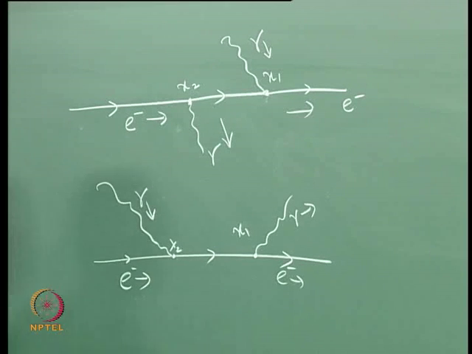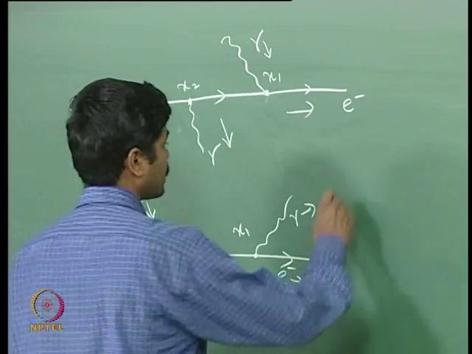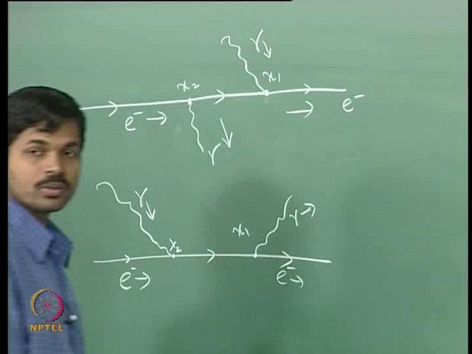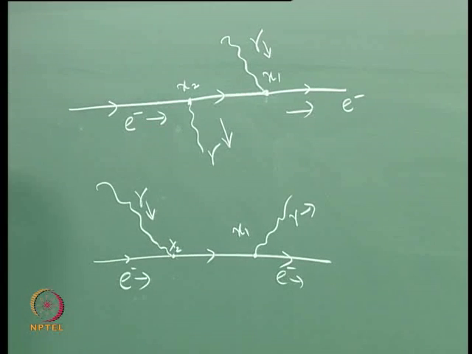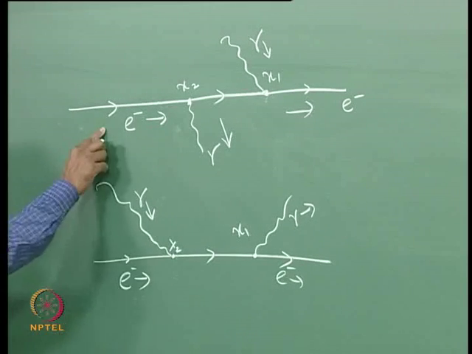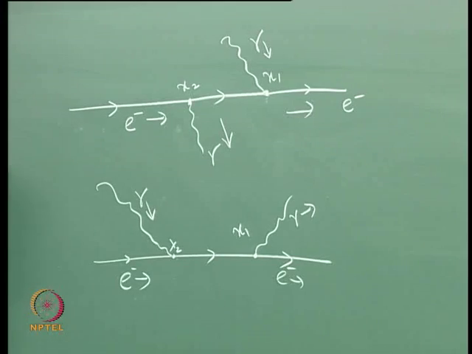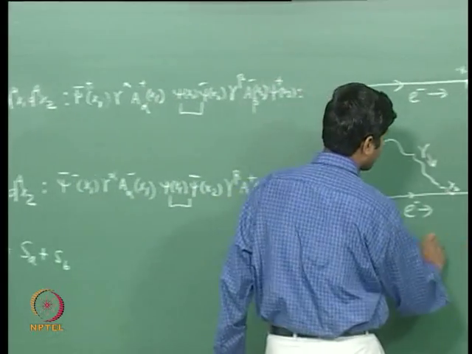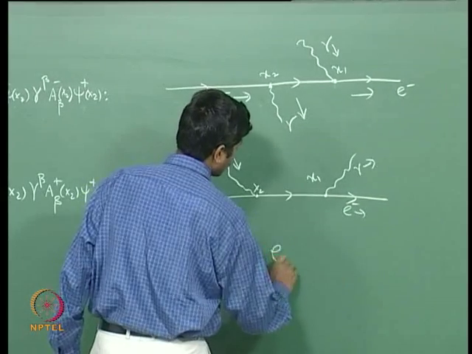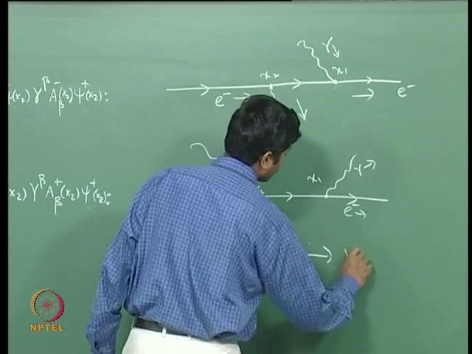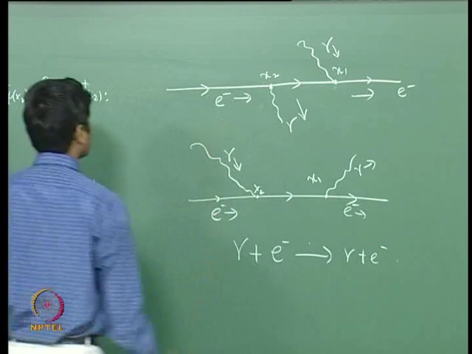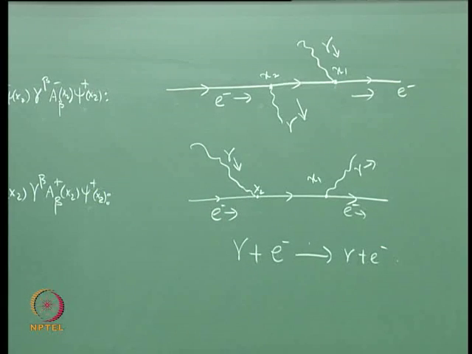Okay. So these kinds of pictorial representation for a physical process which gives a contribution to the S matrix are known as the Feynman diagram. So what I have drawn here for you is the Feynman diagram for the lowest order for the process gamma plus e minus going to gamma plus e minus. So these are the Feynman diagrams for Compton scattering in the lowest order.